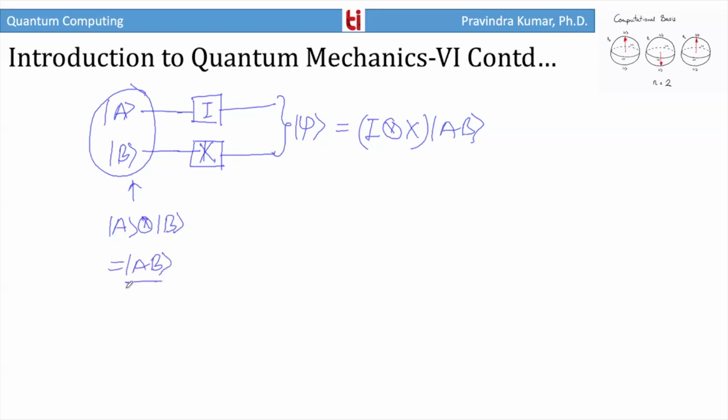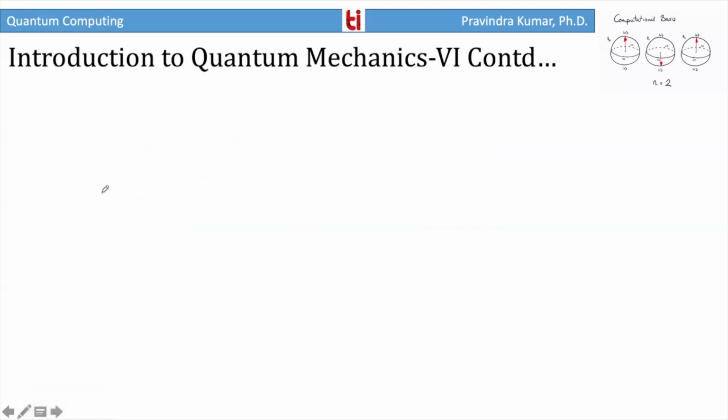This is a 2 qubit system, and the output state psi is simply the tensor product of these two gates, I and X, multiplied with the 2 qubit input ket AB, and we will discuss these kinds of quantum systems later.